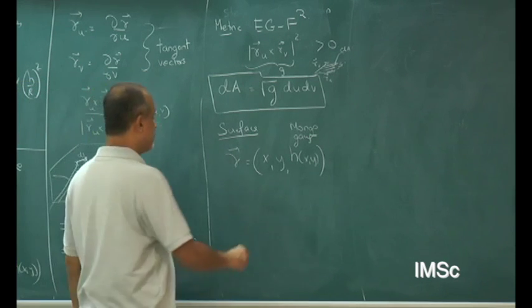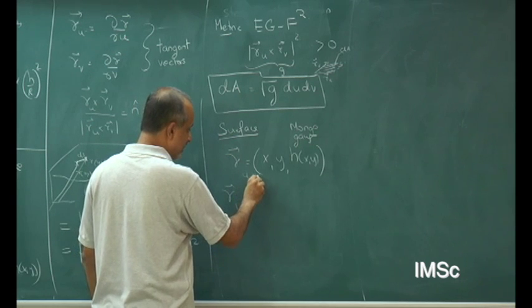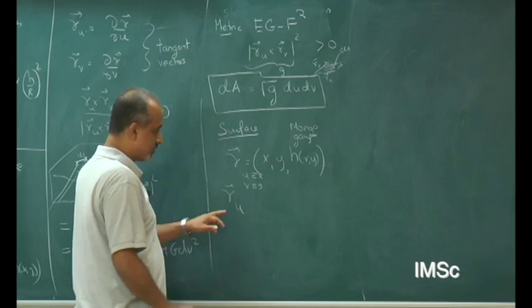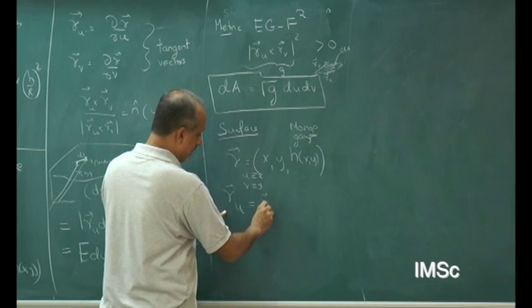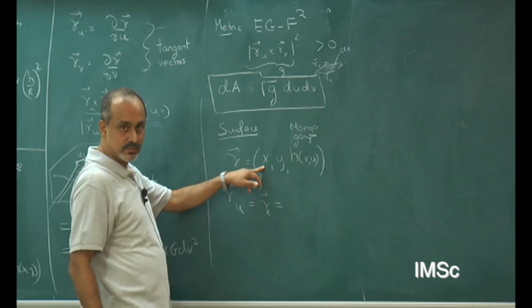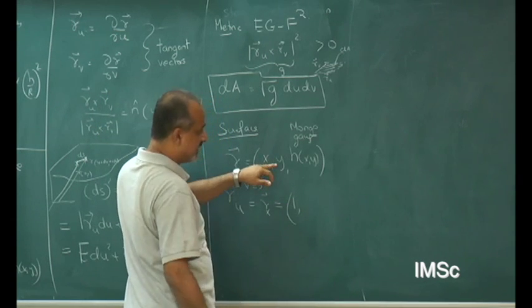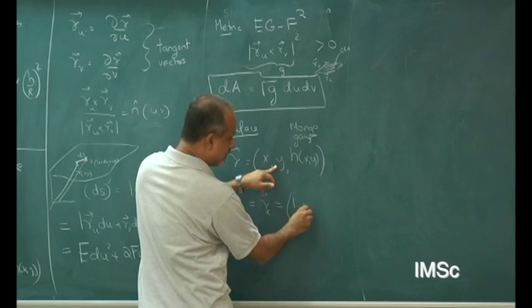Okay? So first of all, what is r sub u? Remember, u is the same as x and v is the same as y. So r sub u is r sub x, which is, take a derivative here. Take a derivative of x with respect to x, this becomes a 1. Take a derivative of y with respect to x, this becomes a 0.